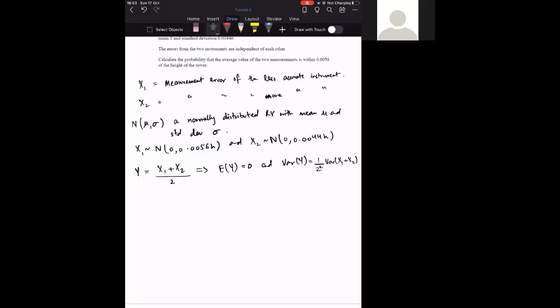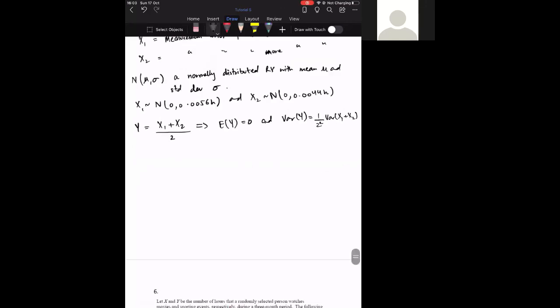So we also know that they're independent. So the sum of two independent normal random variables is also a normal random variable, which is why the variable defined as y is also normal. So y is normally distributed with mean 0 and standard deviation.